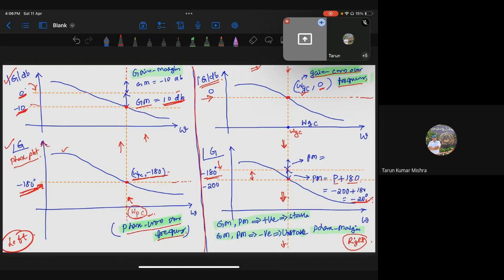Depending on whether omega GC intersects the phase curve above or below minus 180, we say the phase margin is positive or negative. Is this clear?